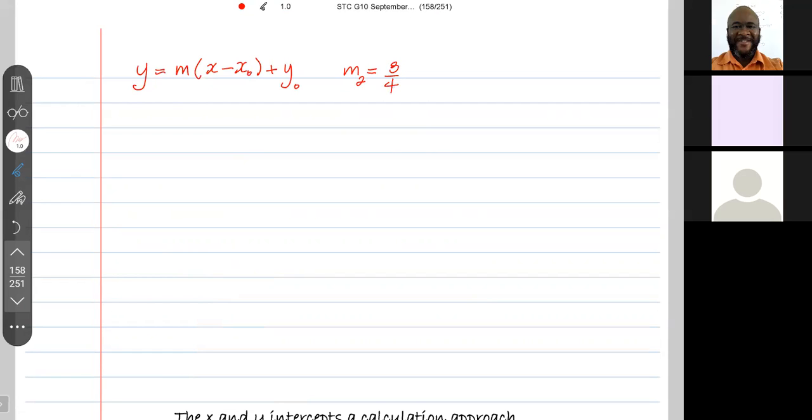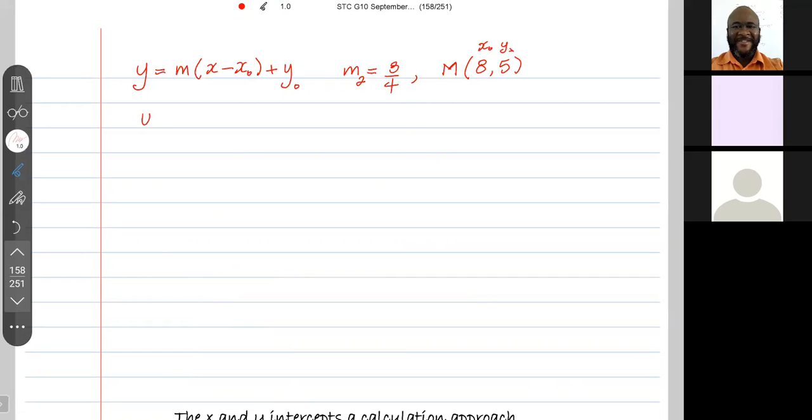Remember, the gradient of ST is minus 4 over 3. Since the perpendicular bisector is perpendicular to ST, I need to invert the gradient and change its sign. Now, the midpoint is on the perpendicular bisector, and the coordinates of the midpoint are (8, 5). For the purpose of my formula, this is x naught and this is y naught.